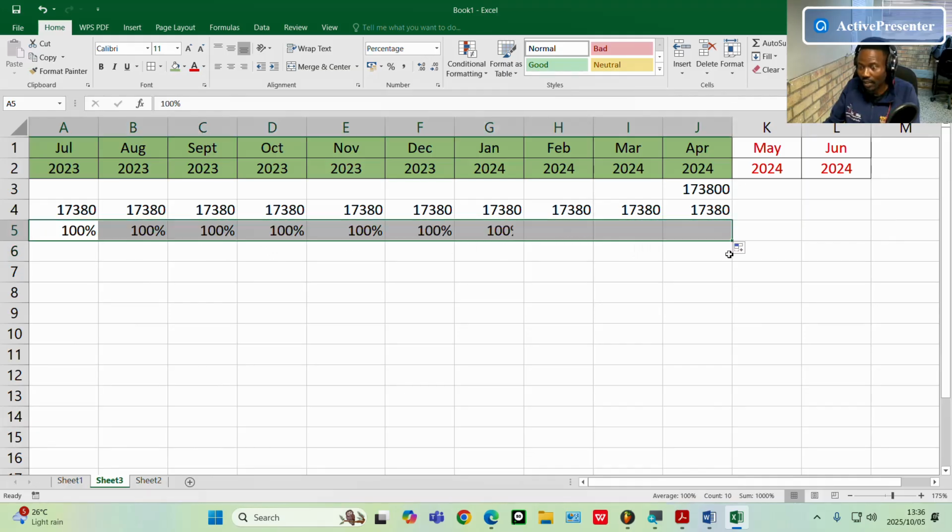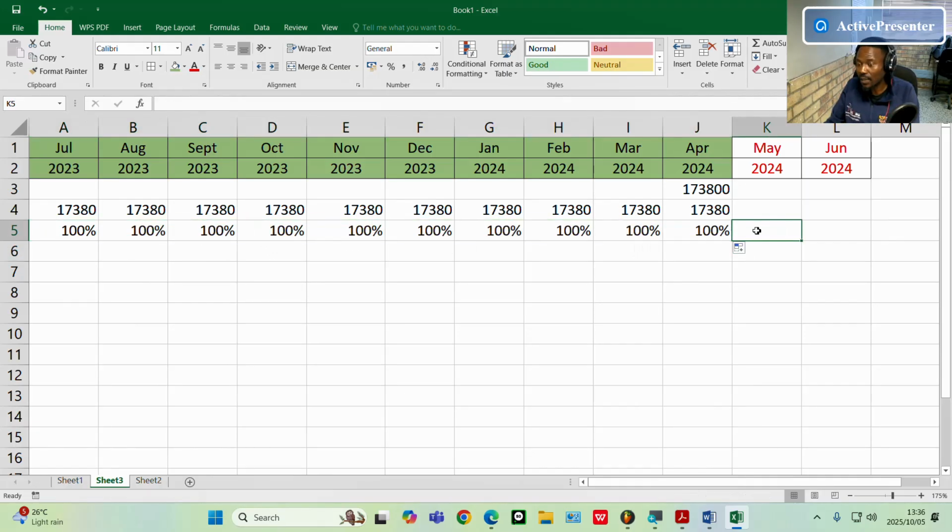And then it was increased by 10%, meaning we're adding the 10% to the original amount, which means now the salaries is 110% for May and June.